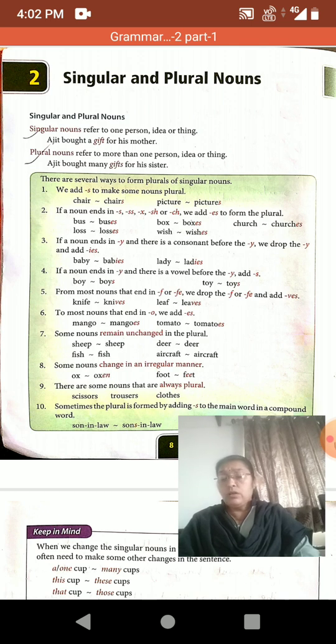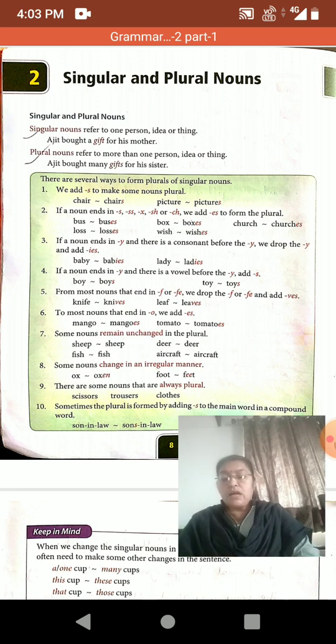Next rule. Some nouns change in an irregular manner. This also you learn by heart. Ox, oxen. Foot, feet. Tooth, teeth. Understand, no? There are some nouns that are always plural.